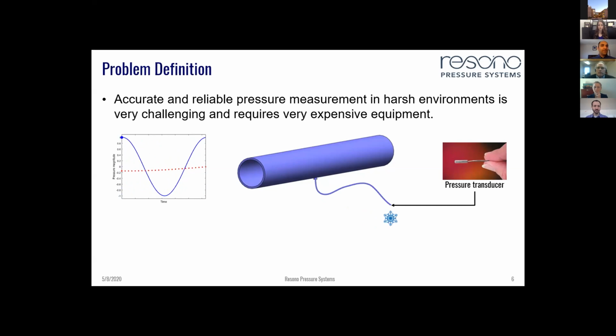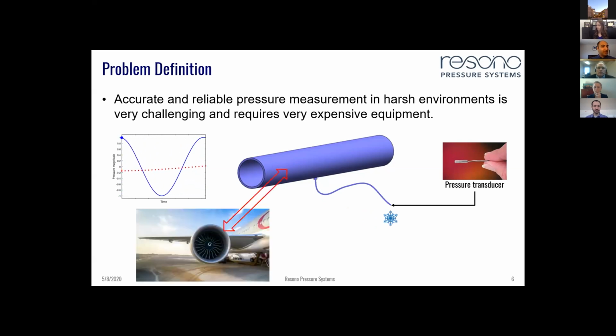To give you a perspective, this can be a gas turbine engine. It can be a turbofan engine of a commercial airplane. It's essentially the same concept. And we don't want to hop on a plane that has these kinds of pressure measurements in, for example, the gas chamber of that turbofan engine.